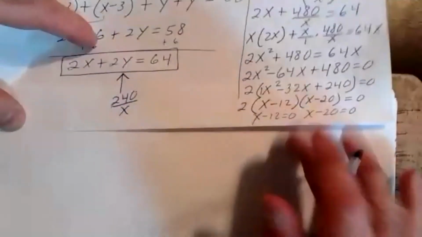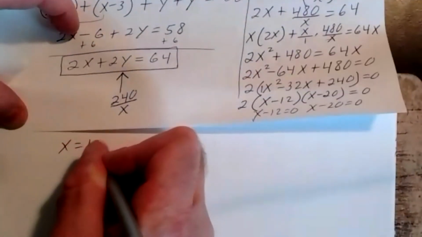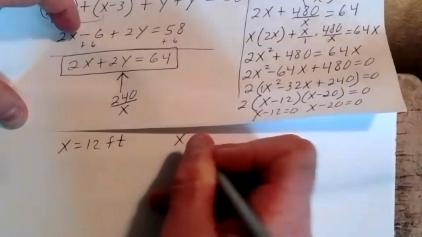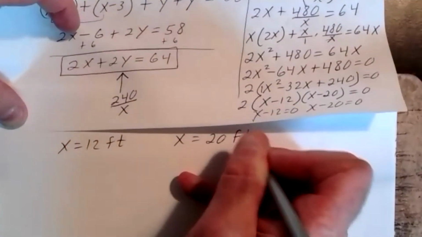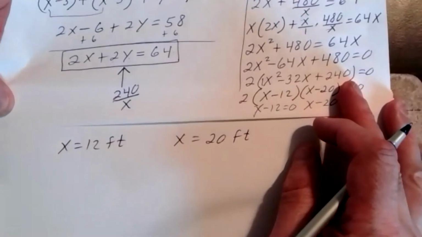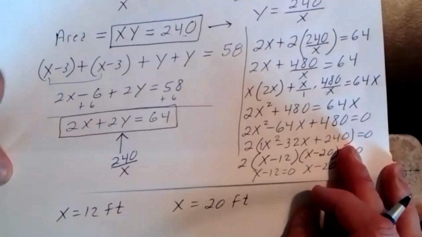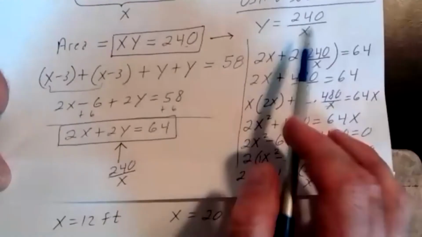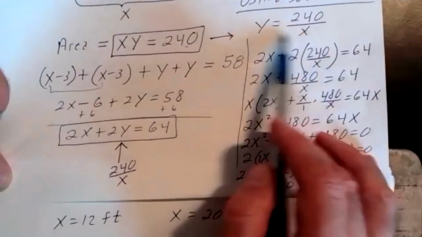So we get x is equal to 12 feet, or x is equal to 20 feet. Now, if x is 12 feet, what would y have to be? Well, let's use this equation right back up here to find what y would be.